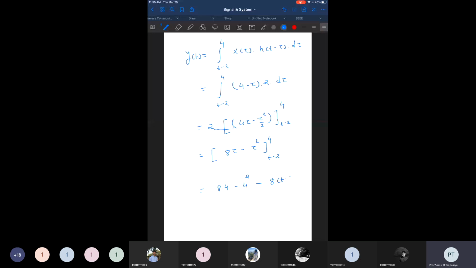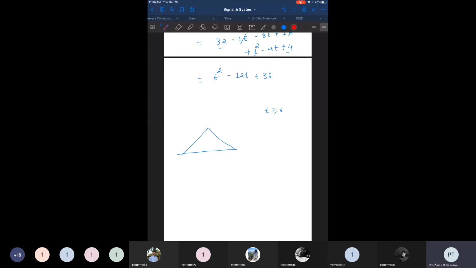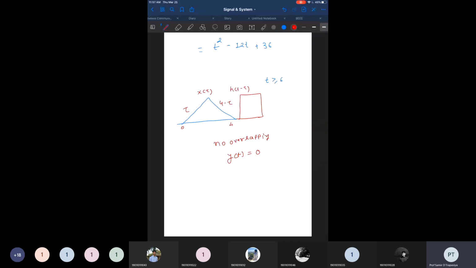The function is equal to minus 2t square plus 12t minus 12 if t lies between 2 to 4, and if t lies between 4 to 6, the signal is what we already found, that is t square minus 12t plus 36, and that is equal to 0 for all values of t greater than 6. Okay, so that way we can solve this example.